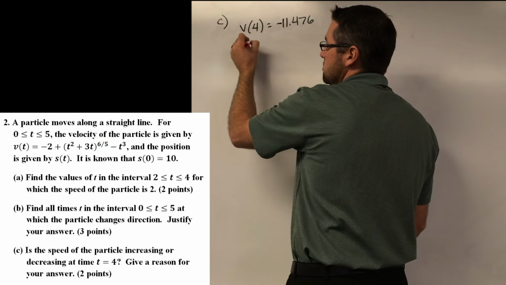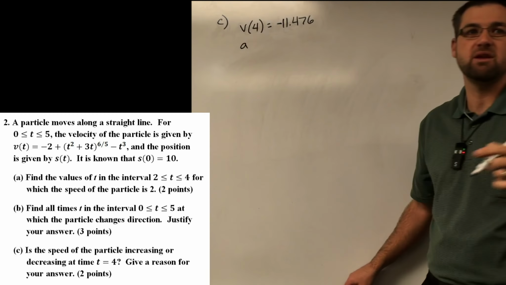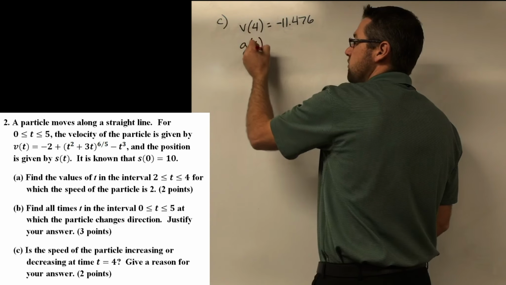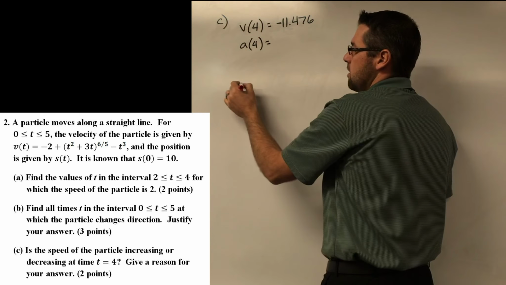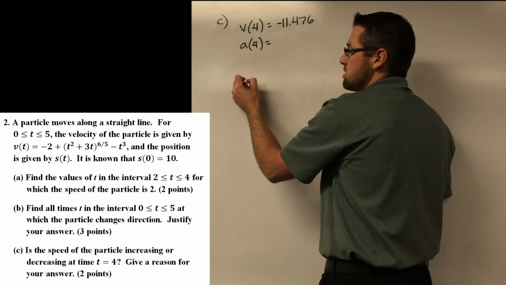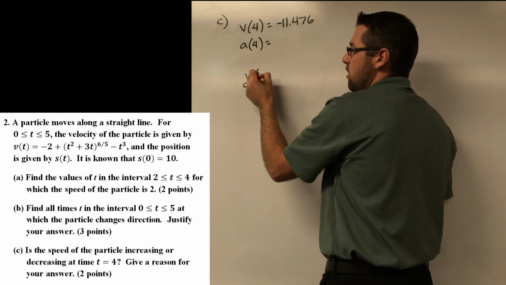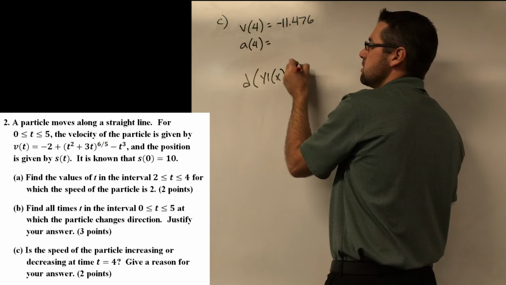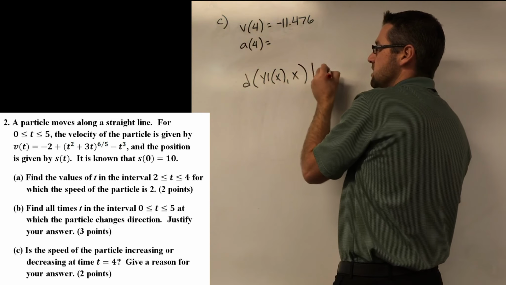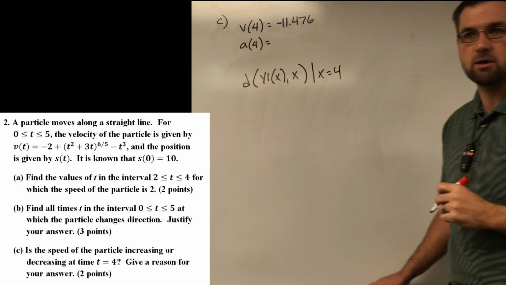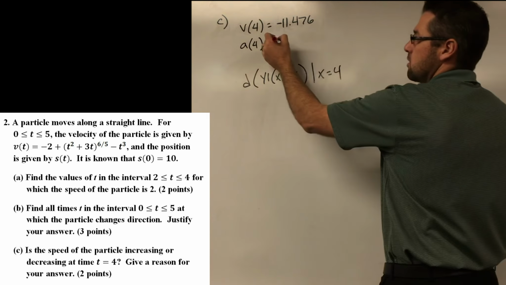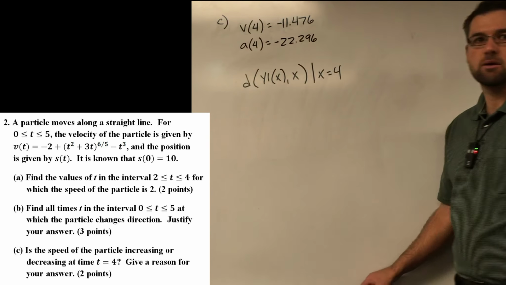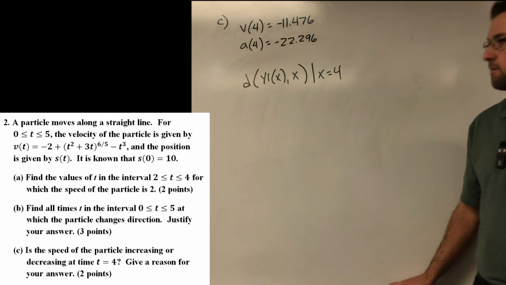It's a calculator problem, so you do not need to create the derivative on your own. You are just looking for the acceleration at t equals 4. So you're going to type in the derivative of y1 of x, comma x, evaluated when x equals 4. That's what you're typing in your calculator. 0.296.